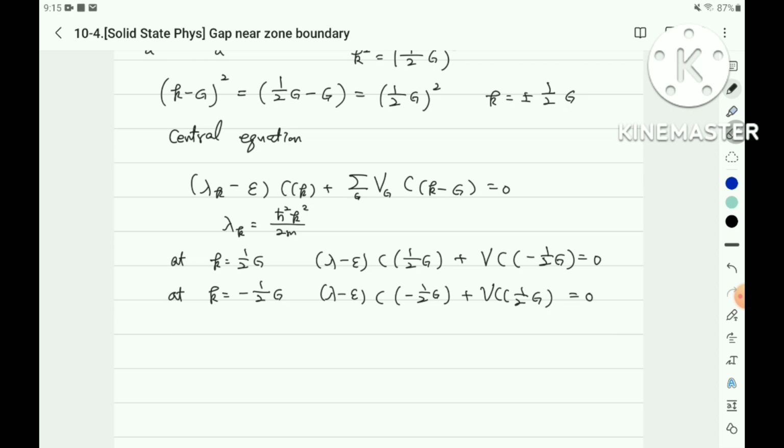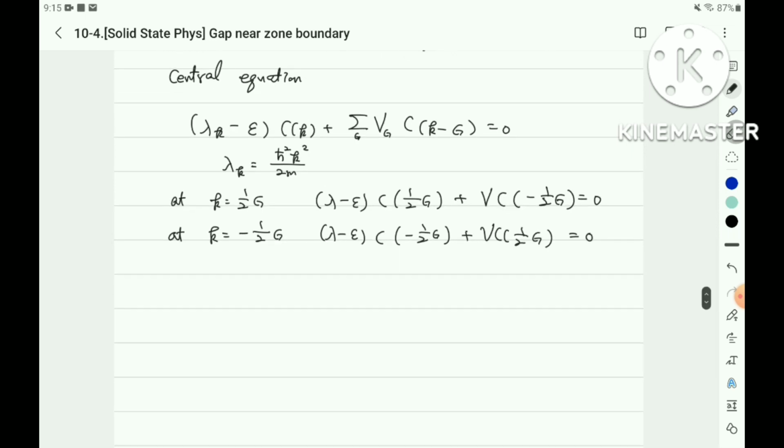That's why we use c at 1/2 g and c at minus 1/2 g: there are two unknown coefficients and two equations. Therefore, we can solve this equation exactly.